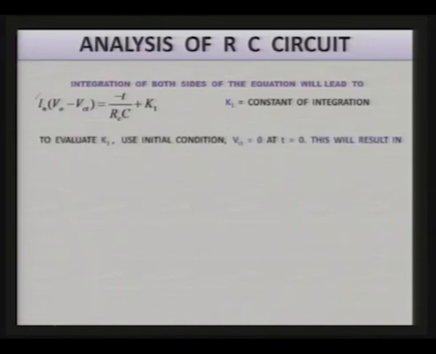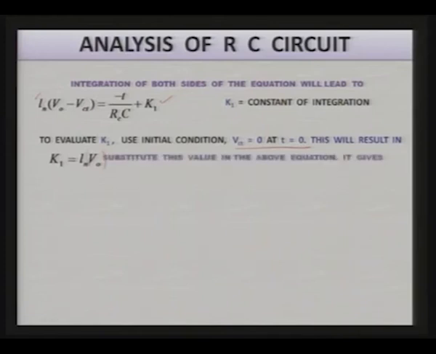Now, to evaluate k 1, use the initial condition V c t will be 0 at time t equal to 0, and if you substitute this value in this particular equation, you will get that k 1 is equal to natural log ln V 0.